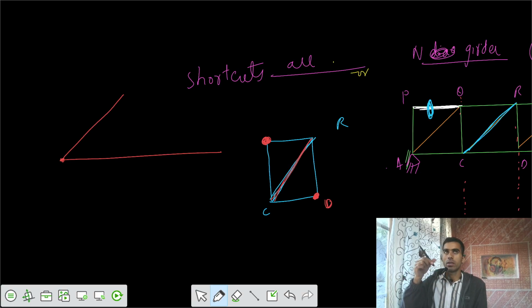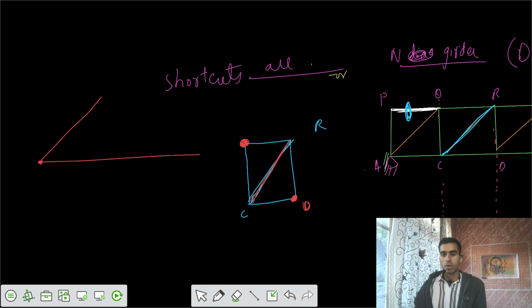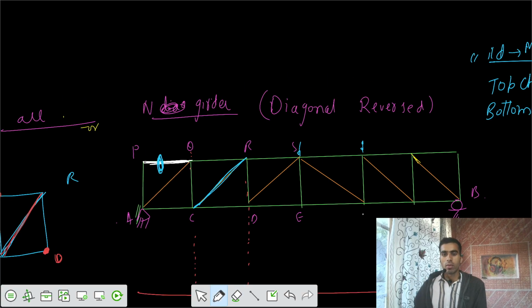That was a trick for the N type girder, or the truss having that N. But because your diagonals are reversed, the diagram for your diagonal members gets changed. That's a direct representation, because the problem itself is saying that the diagonals got reversed.